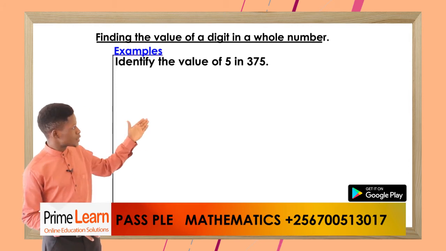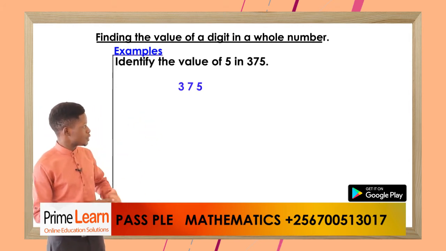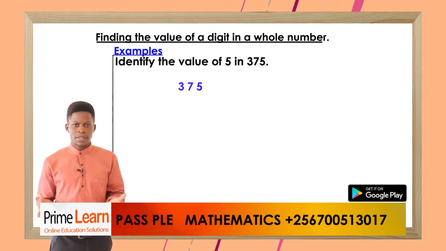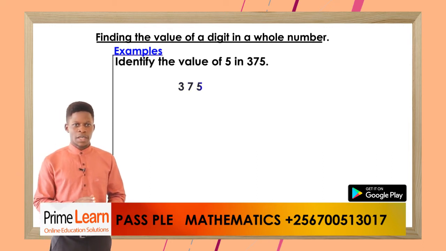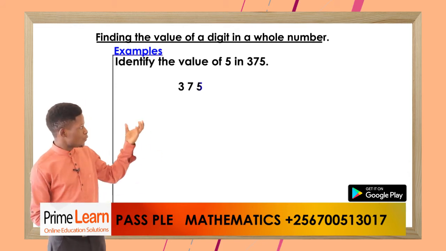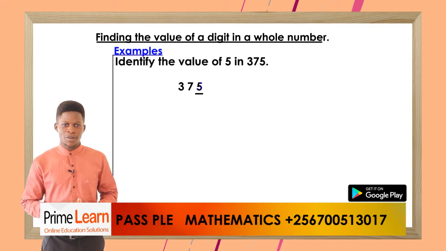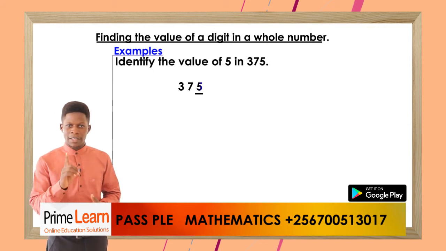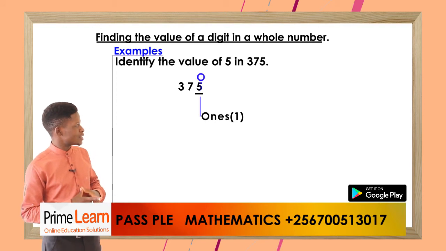We are going to first write our number again, as you can see here on the screen. After writing this number, we are going to put their place values on each digit. Each digit is going to get its respective place value, and we can see 5 is in the first place value on the right hand side of a whole number, and that place value is always the ones place value, as you can see there.